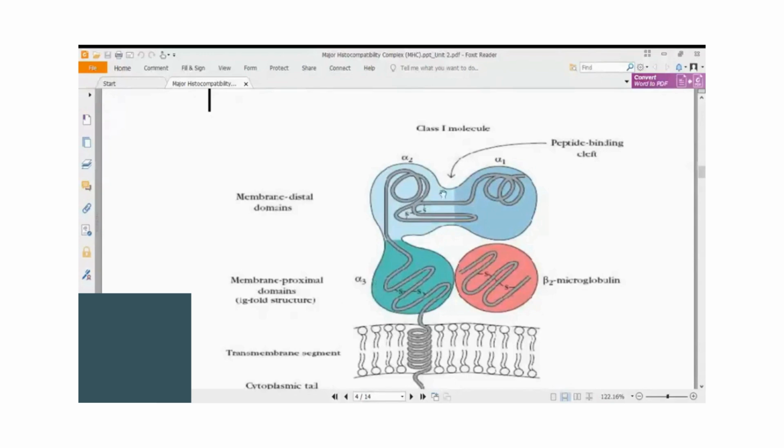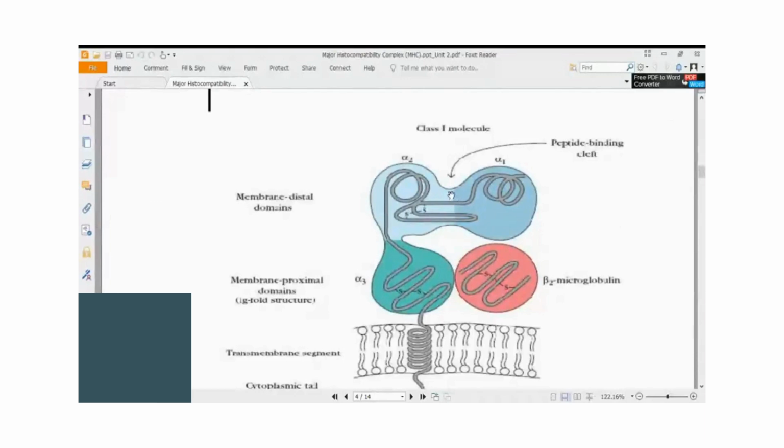The peptide binding cleft is made up of the alpha 1 and alpha 2 domains as a platform, and the peptides that can bind to the cleft at a time are not more than 10 amino acid residues.